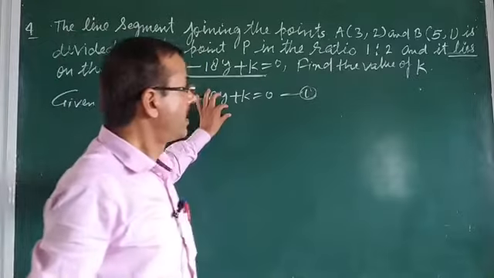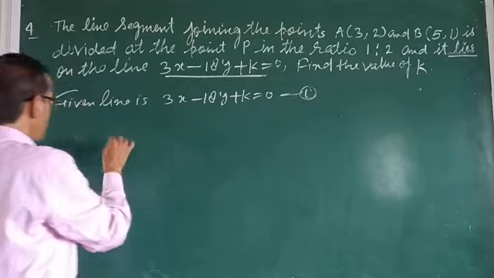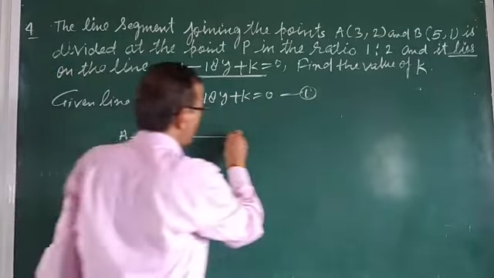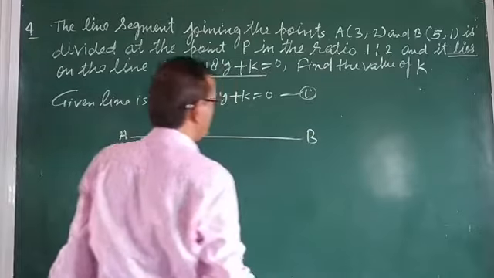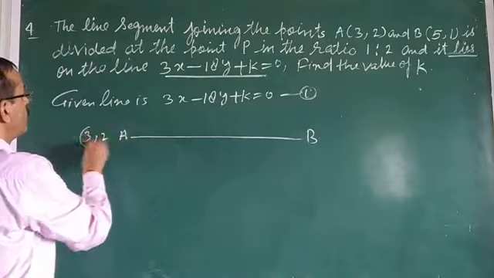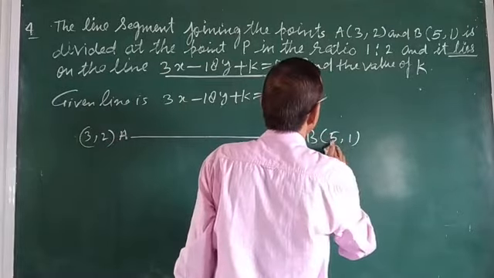And if we join A and B, A is (3, 2) and B is (5, 1).